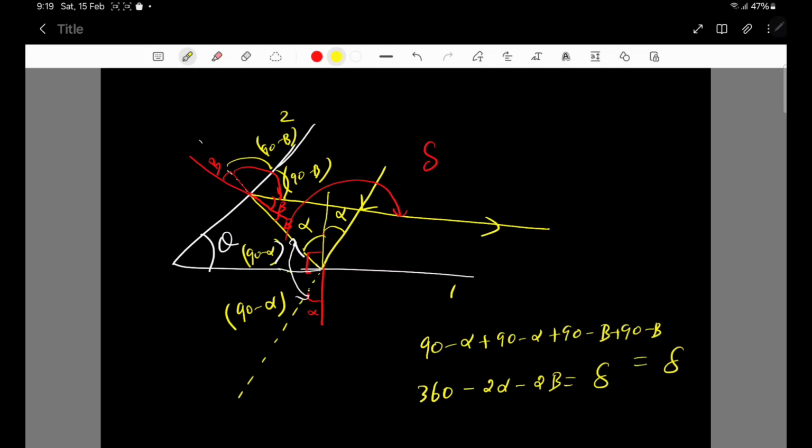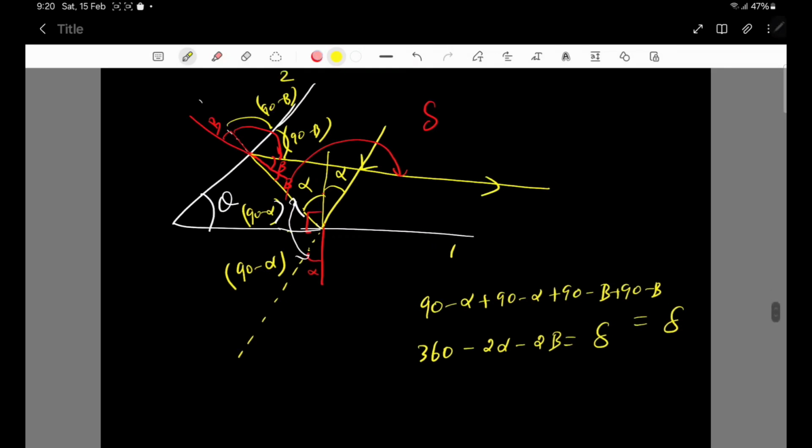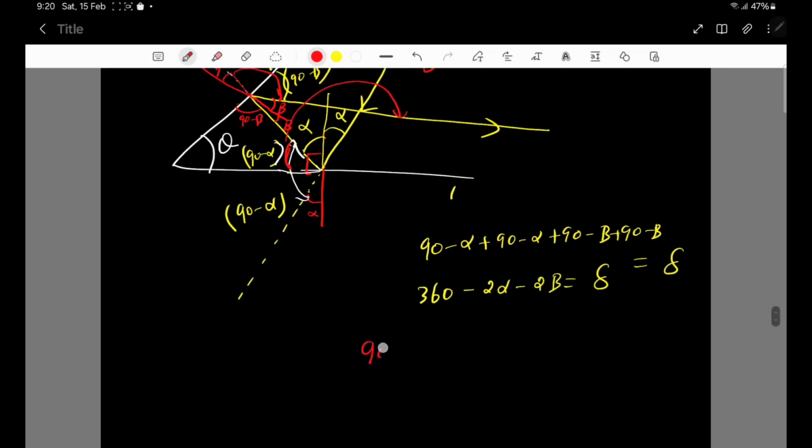Consider this triangle. We can very clearly say that 90 minus alpha, 90 minus beta, and theta are the angles, so the sum of the interior angles of the triangle should be equal to 180.